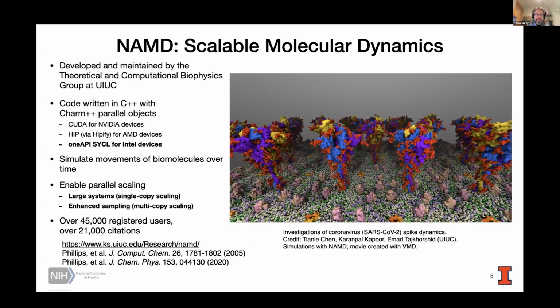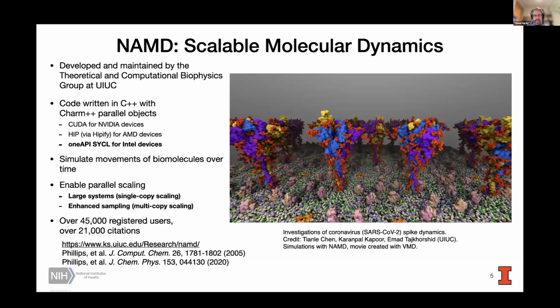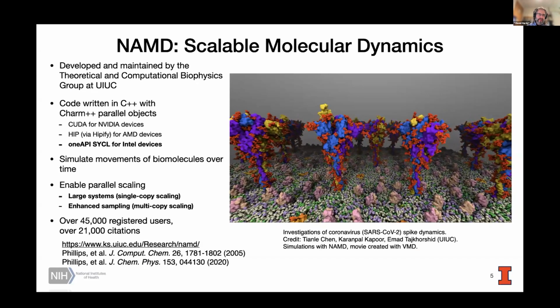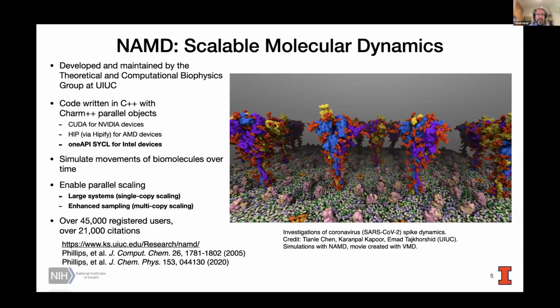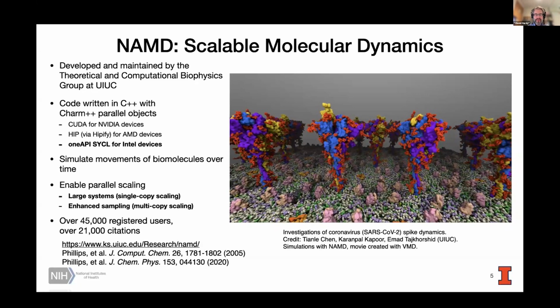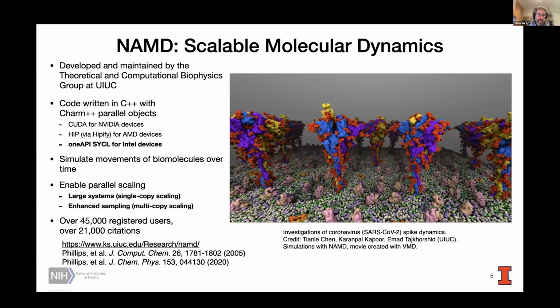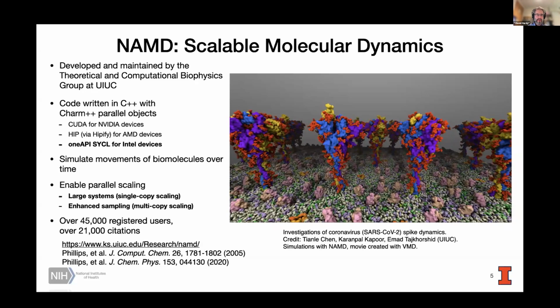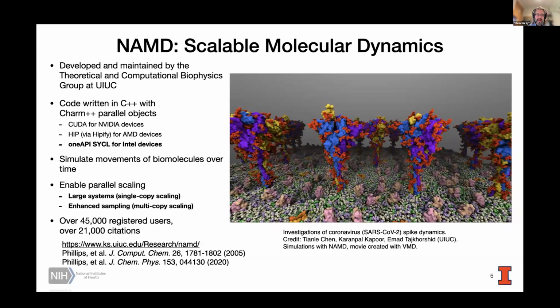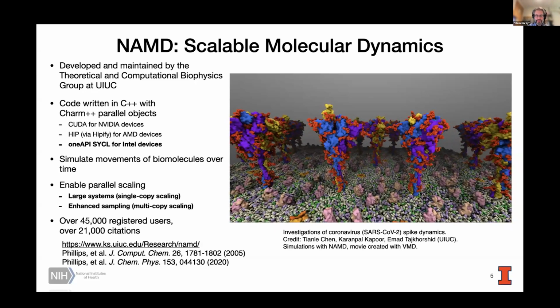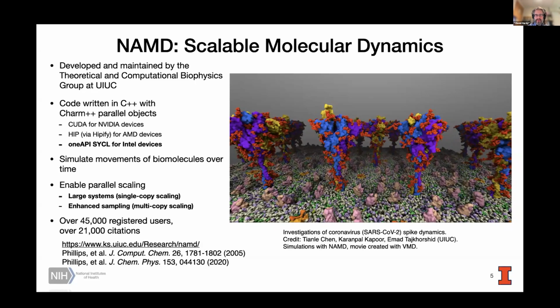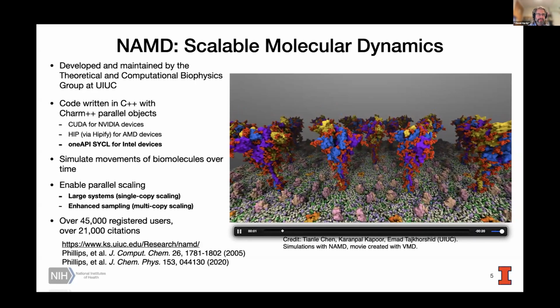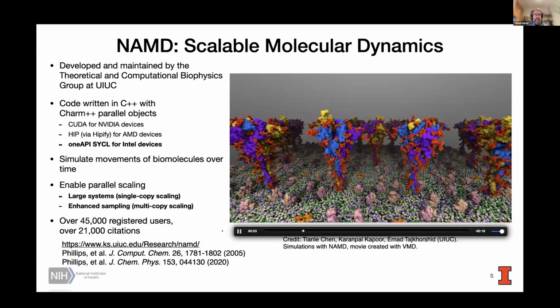NAMD was designed from the ground up to be a parallel distributed code. Whenever we're enabling parallel scaling, there are a couple of different approaches we can take. For really large systems, we can think of single copy scaling, where we're scaling the system across a number of nodes.